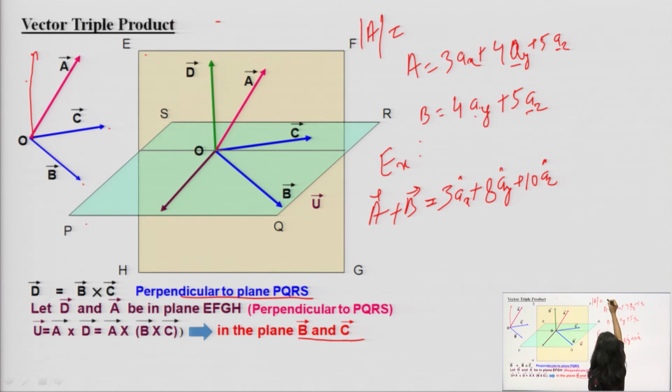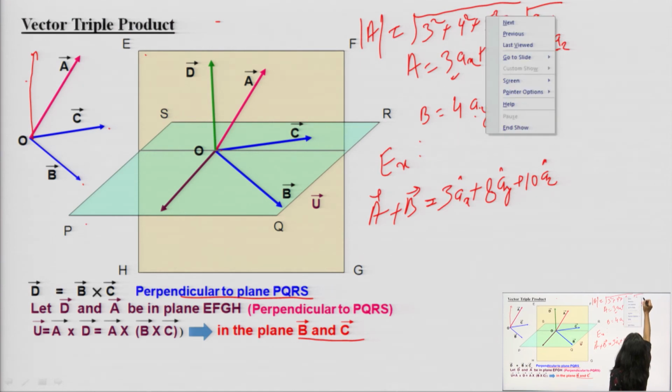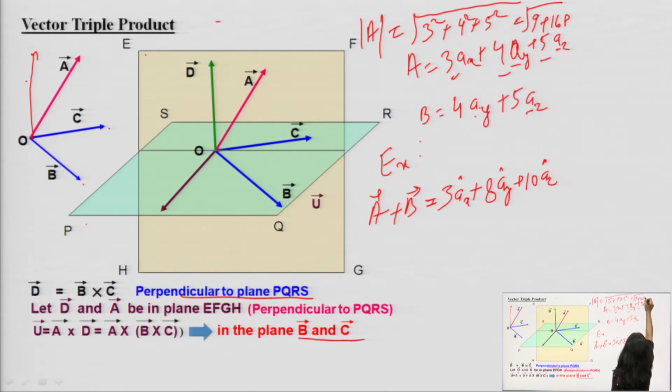The first way is to square the individual coefficients, like for A it will be 3 squared plus 4 squared plus 5 squared. So the final result will be root under 9 plus 16 plus 25, meaning root under 50, that is 5 root 2.